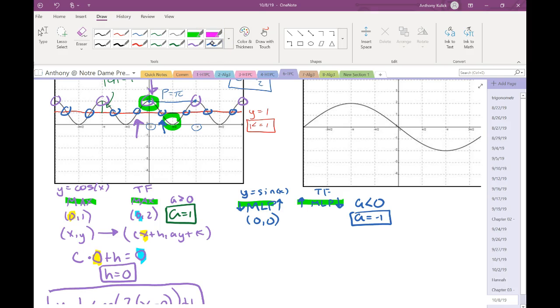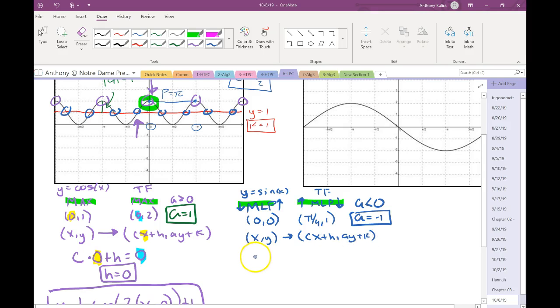Okay. So if I look at the coordinate for this point, it is at pi over 4, comma 1. I just read that from the graph. And then I can do the same thing. I'm going to transform my parent function to this new point by using Cx plus H, Ay plus K. Really, since all I'm worried about is the H, I'm going to do C times 0 plus H has to give me pi over 4.